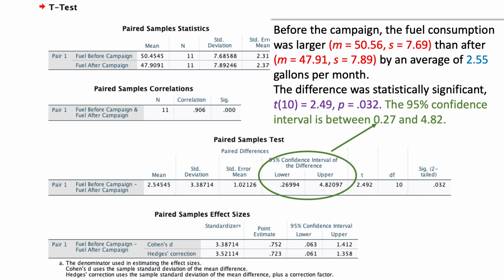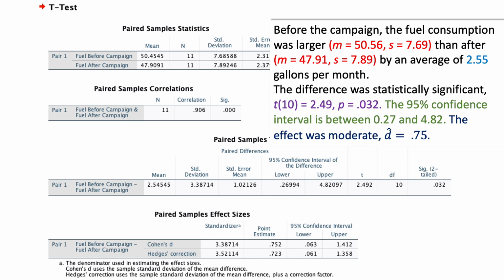Then I would look at the confidence interval. The 95% confidence interval is between 0.27 and 4.82. Well, that's further evidence that the difference in means was not zero, because zero doesn't fall between 0.27 and 4.82.